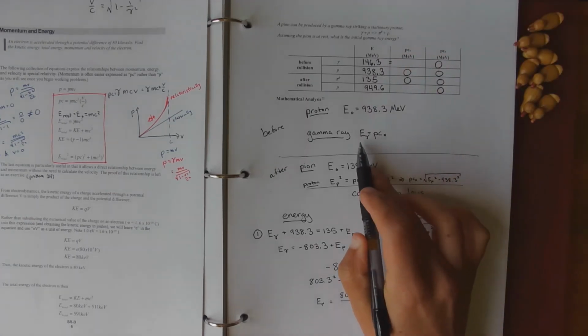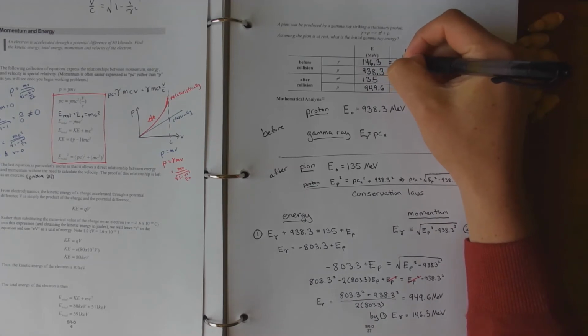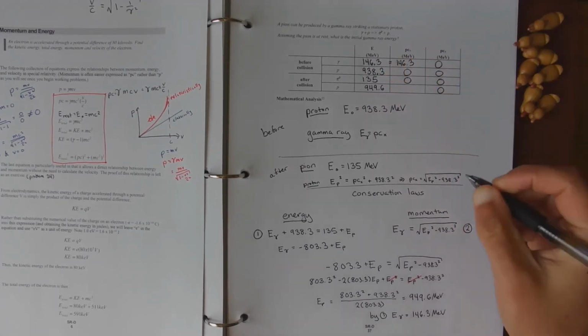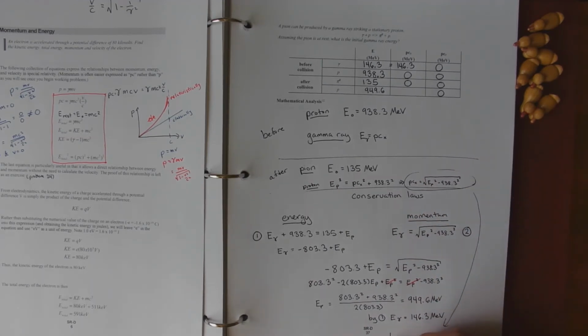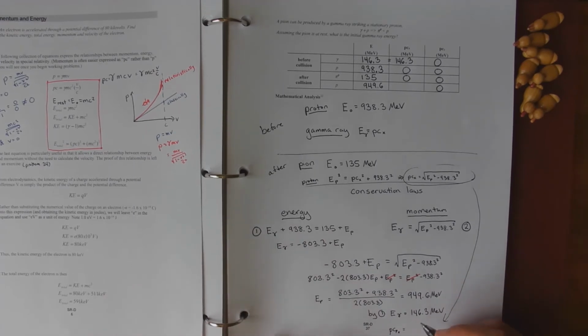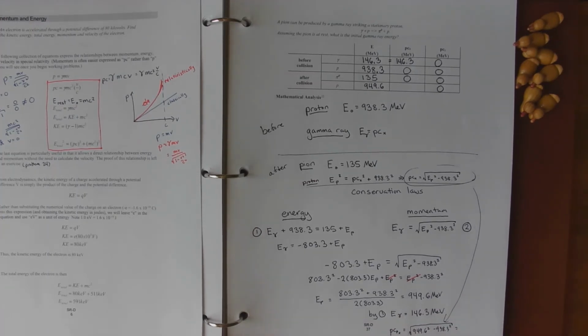And now we know that the momentum for the gamma ray is equal to the energy, so this is 146.3, and then from this equation here, we can find the momentum for the proton in the x direction, and that is the square root of 949.6 squared minus 938.3 squared, and that gives us 146.1.